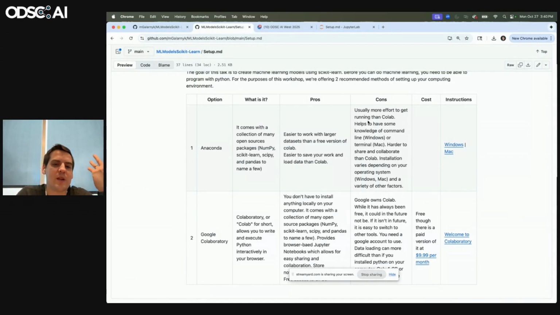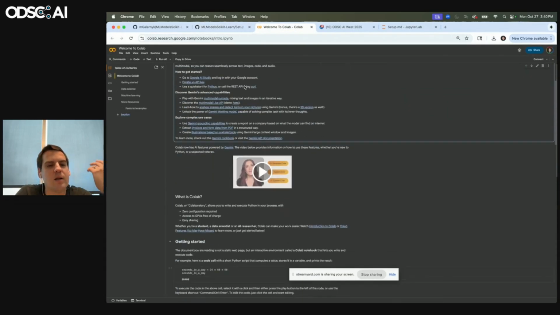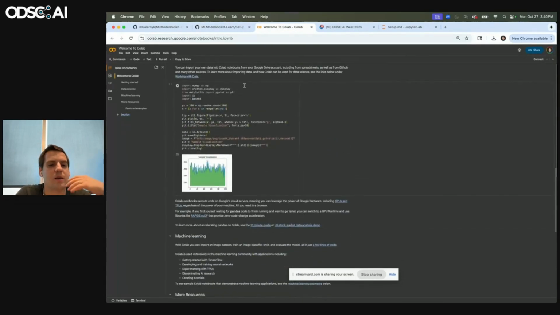The reason why I had Anaconda is because I've been working with it for years, and I basically have all the libraries I want. There's good and bad for it. Like, it takes a lot of space. It's really harder to share than with Google Colab. But if you want to use Google Colab, you're welcome to. But that's not really the main goal of today's talk. That'd be more like a basic Python workshop.